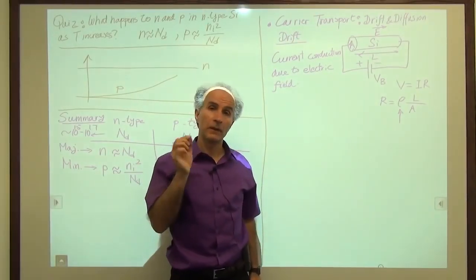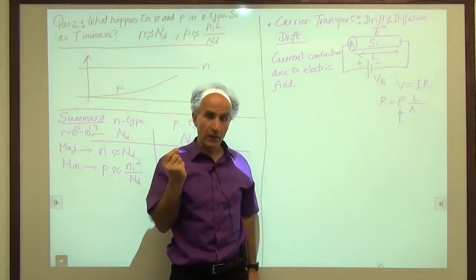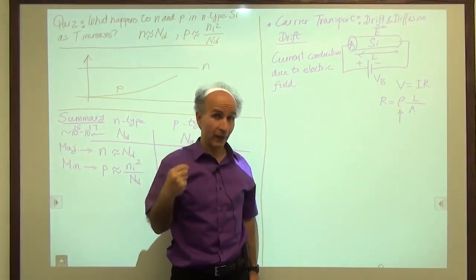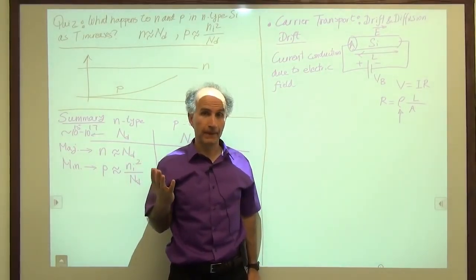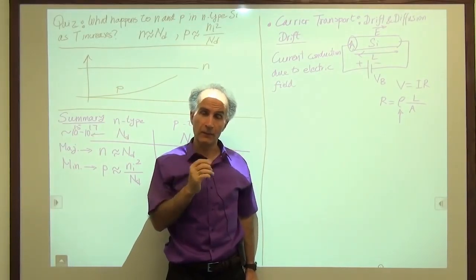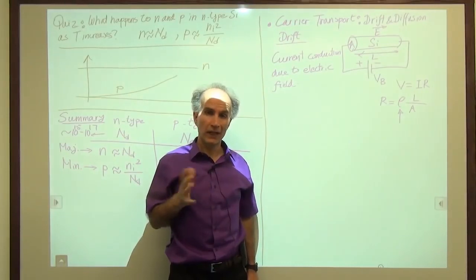Now, if the unit charge experiences a force, then it should accelerate. F equals ma. Should it not? All right, so if it accelerates, it means that its velocity keeps increasing. So how does it work?